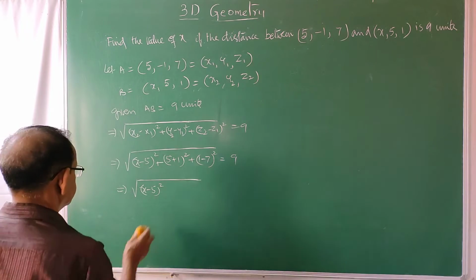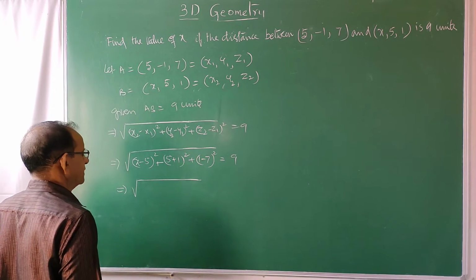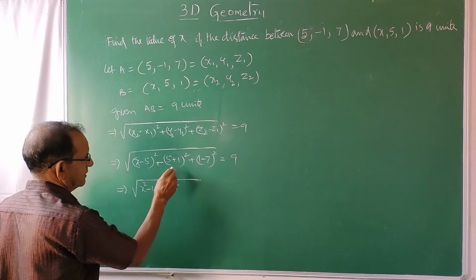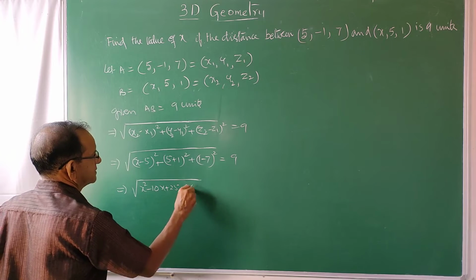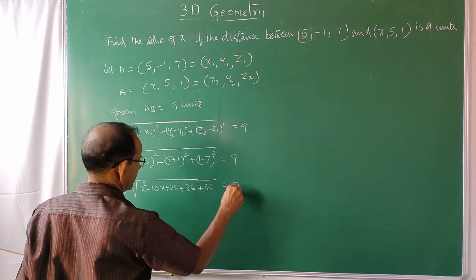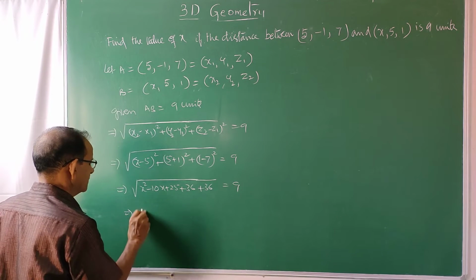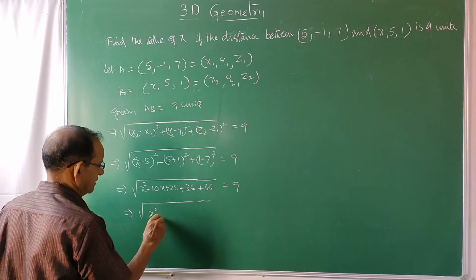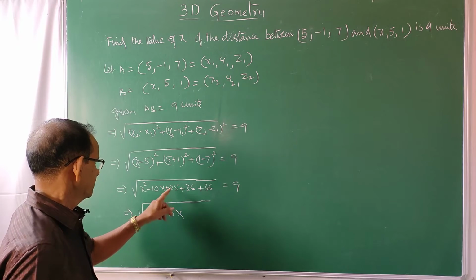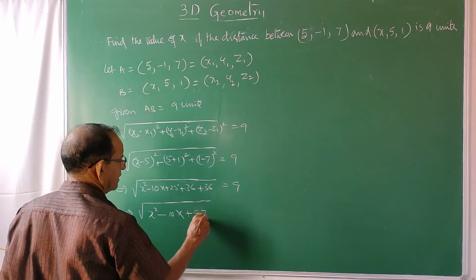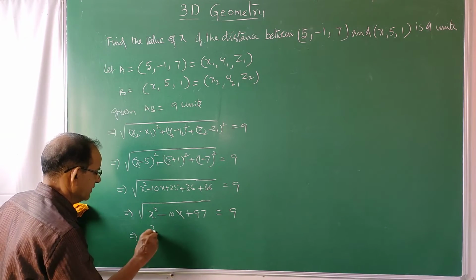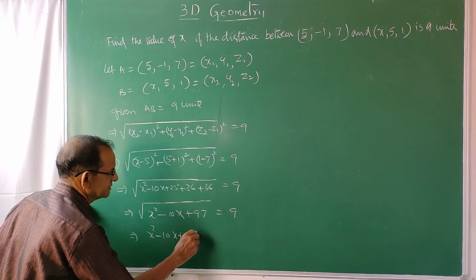Let us expand (x - 5)²: x² - 10x + 25. 5 plus 1 is 6, 6 squared is 36. 1 minus 7 is -6, squared is also 36. So the root of x² - 10x + 97 is equal to 9. Let us square both sides, so x² - 10x + 97 = 81.